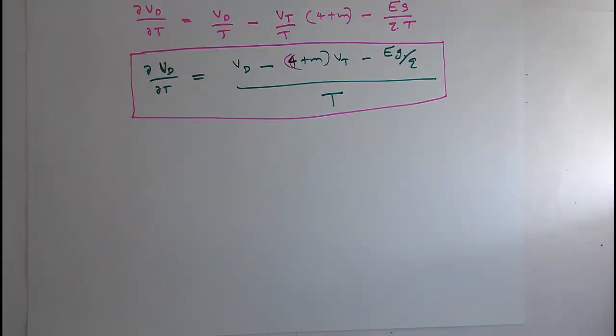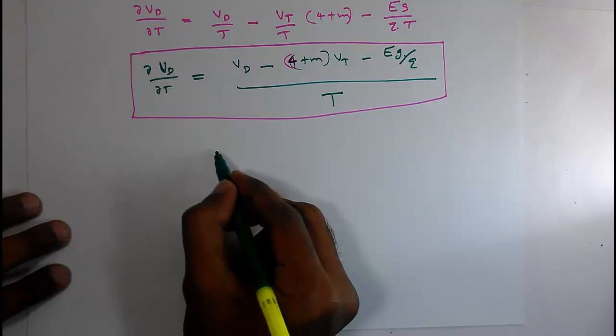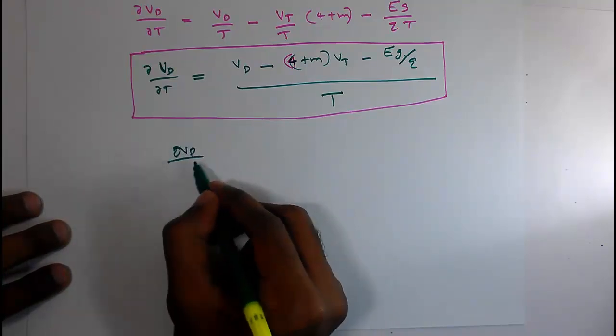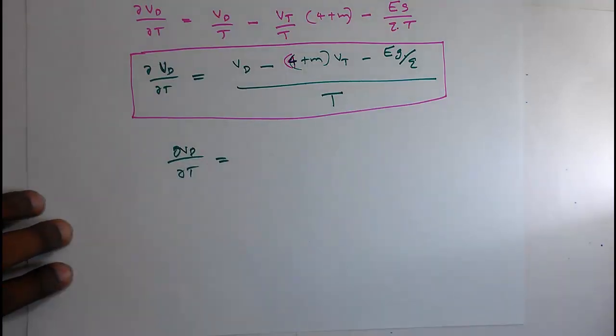Now you can substitute the values and check how much this value comes to. ∂Vd/∂T equals, where Vd is the voltage across the diode, we can calculate this approximately.